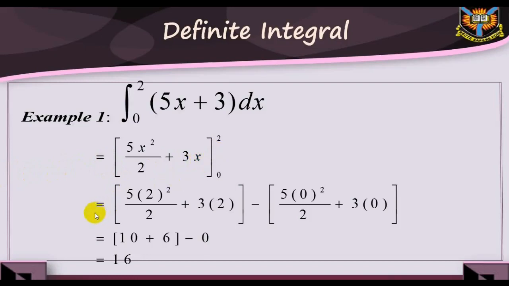This will give us 5 times 2 to power 2 divided by 2 plus 3 times 2, minus 5 times 0 to power 2 divided by 2 plus 0 times 3, which gives us 10 plus 6 minus 0, which equals 16.